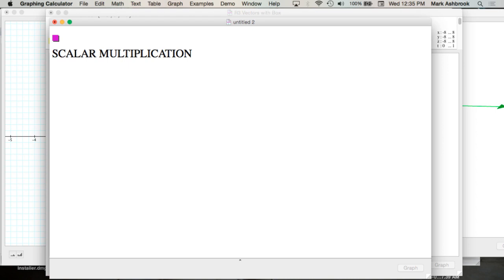Listen. Scalar multiplication is when you scale a vector to a new magnitude. What about the direction? Same, except if your scale is negative, it'll be the opposite direction. So it's still going to be a parallel vector, right? You scale a vector to a new magnitude. The new vector will always be parallel. It may be the same direction, maybe the opposite direction.